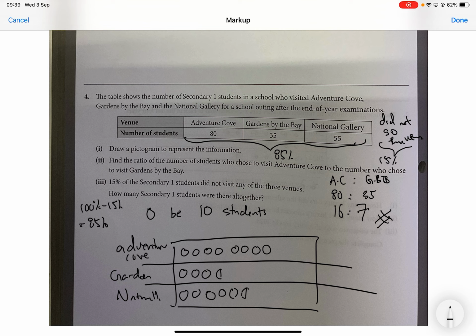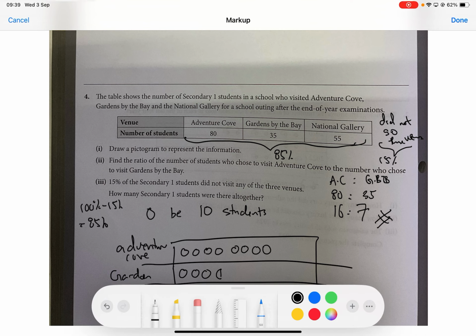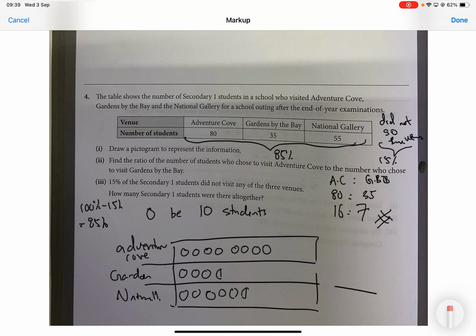Okay? So, I draw out some space here. The last part I do here. So, I know that 85% is 80 plus 35 plus 55. So 85% is made up of 170.